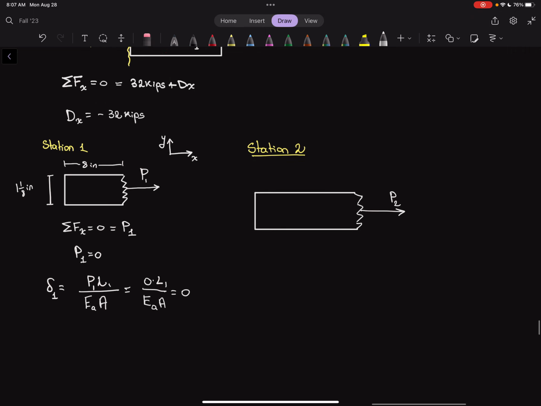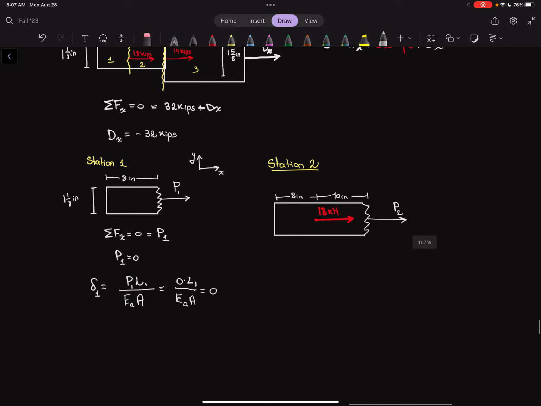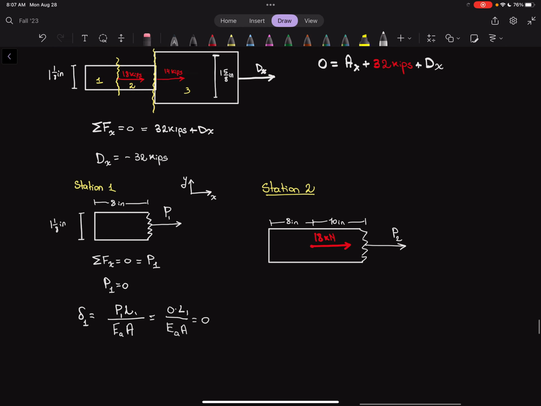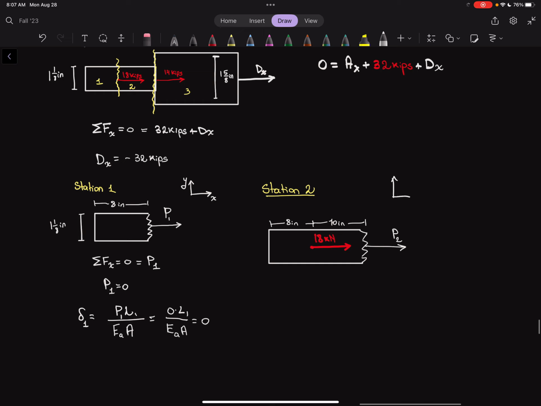Keep in mind, we also have that 18 kilonewtons of applied force and that distance of 10 inches. And this is 8 inches. Now, we have these two horizontal forces, nothing else.